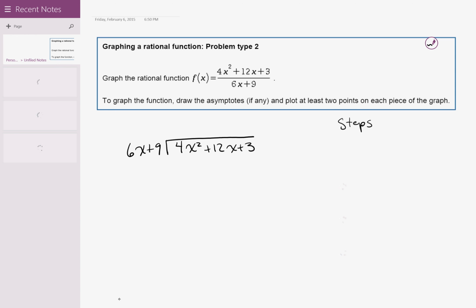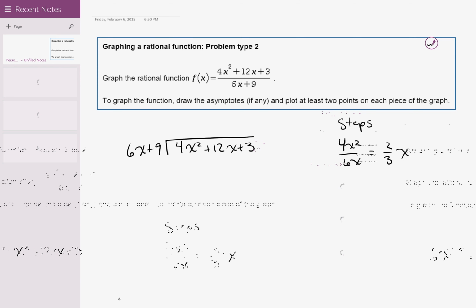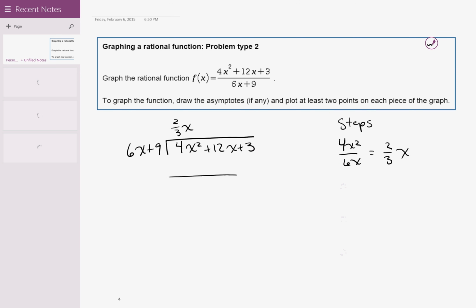make a careless error. So 4x squared over 6x is equal to 2/3 x. And that gives me 4x squared, then 2/3 x times 9, right, this times this, is equal to 18 divided by 3 is 6x.